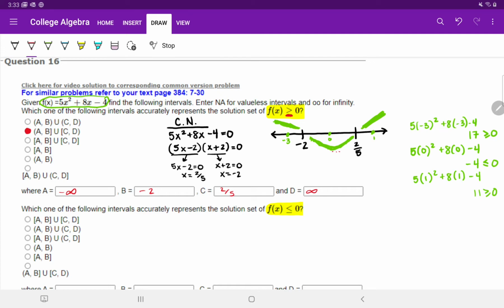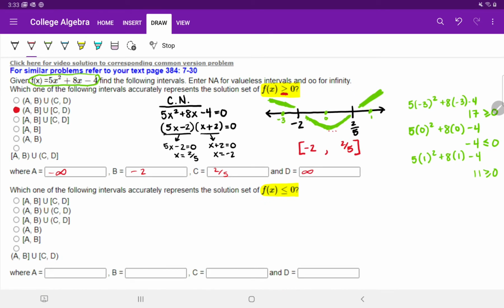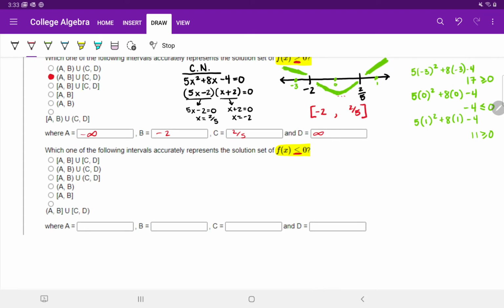That would be starting at -2, going up to 2/5, and we would need brackets around it because -2 and 2/5 are both where our function equals 0. And we want to know where we're less than or equal to 0. So we're looking for this option. A and B are -2 and 2/5. C and D are not included in this problem.